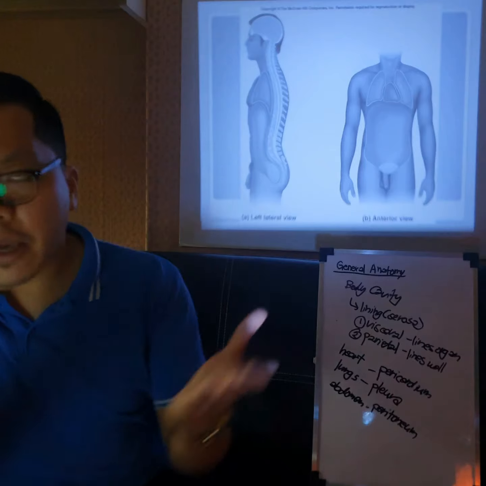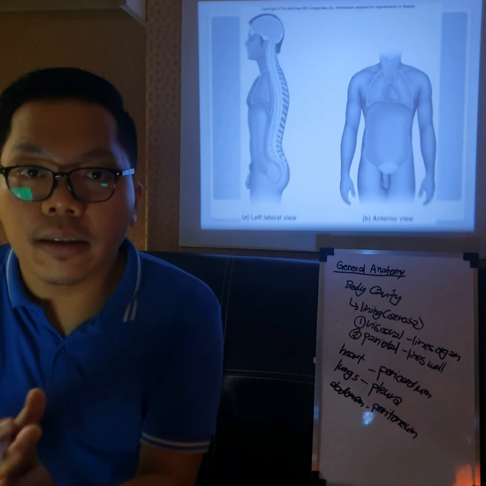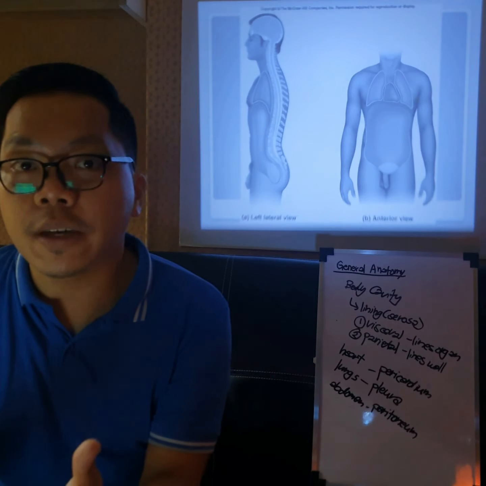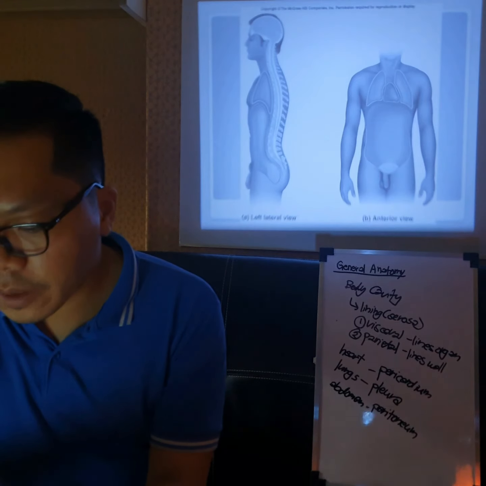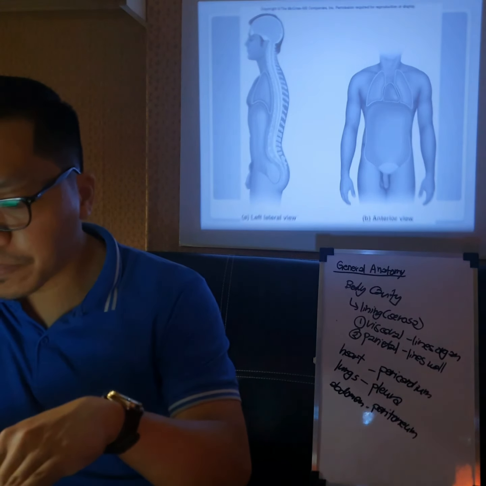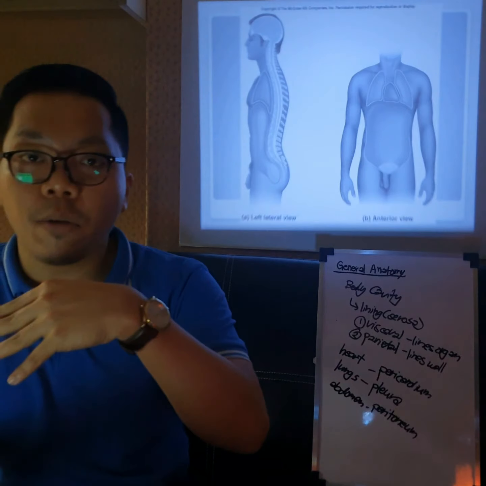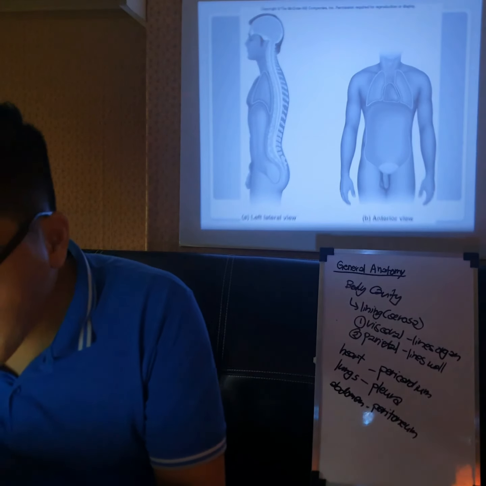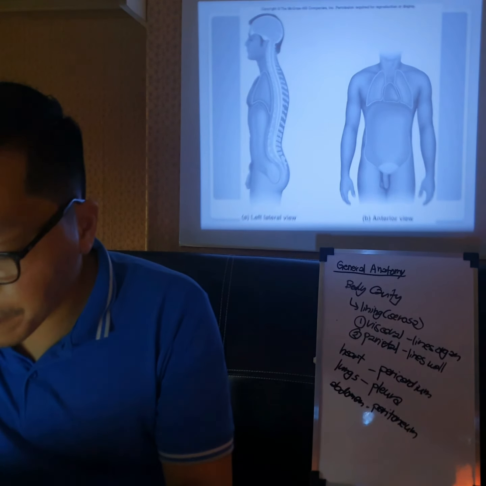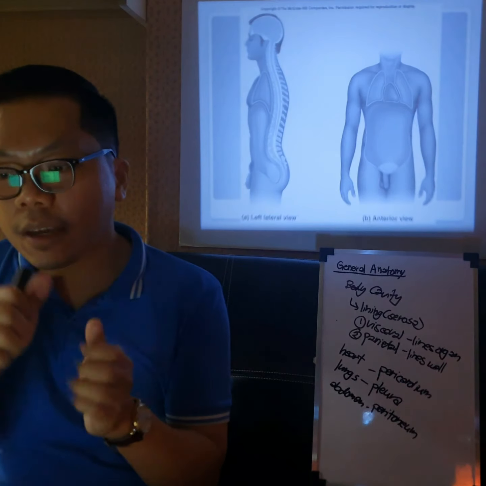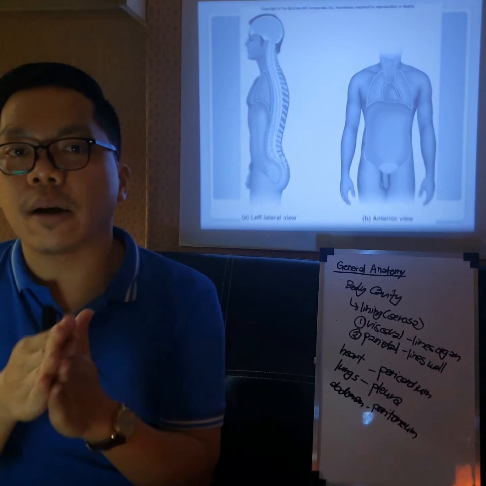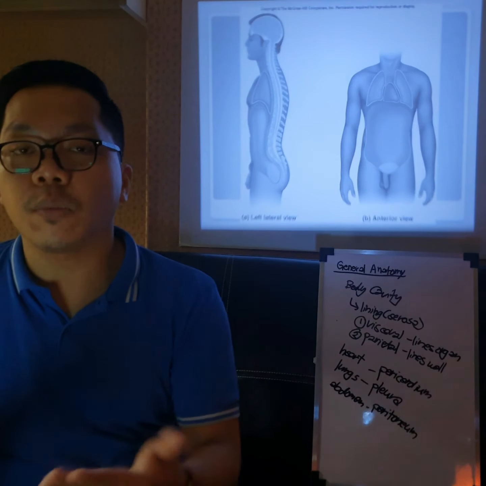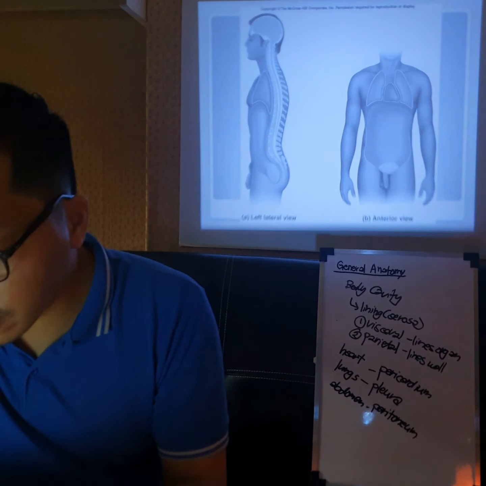And meron daw siyang fluid in between them. And anong purpose bakit merong fluid in between them? So yung space in between them, it actually contains fluid para what? To decrease yung friction in between the visceral and the parietal or the serosa. So it decreases the friction kasi nga naman kung nagkikis-kisan silang dalawa, 'di ba? It creates friction. Okay? And hindi natin gusto 'yan kasi it will create complications.